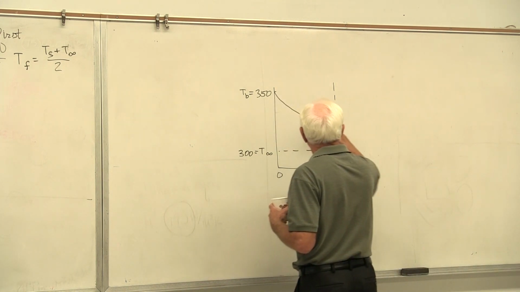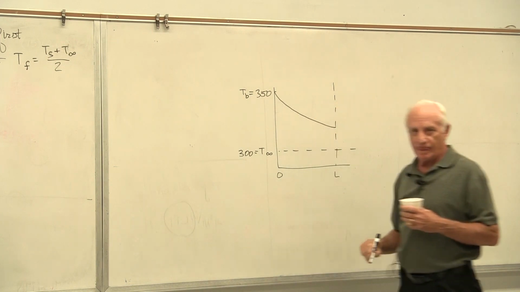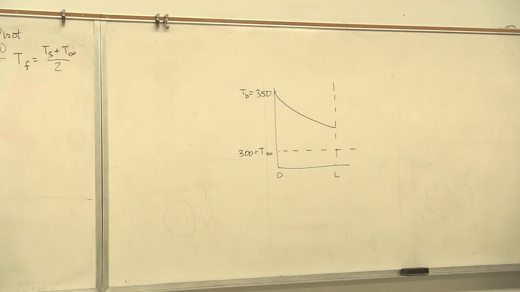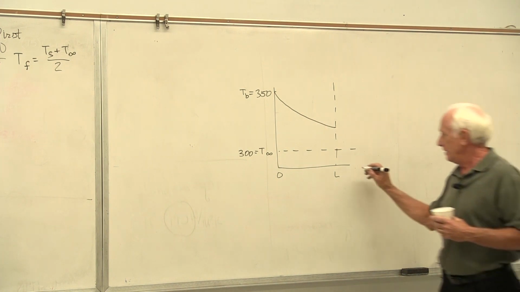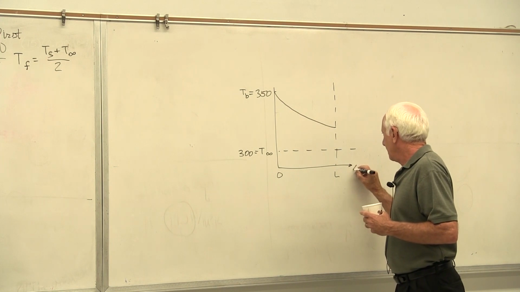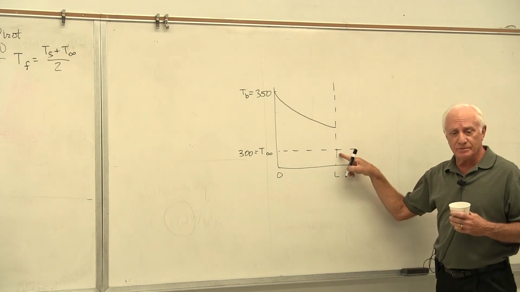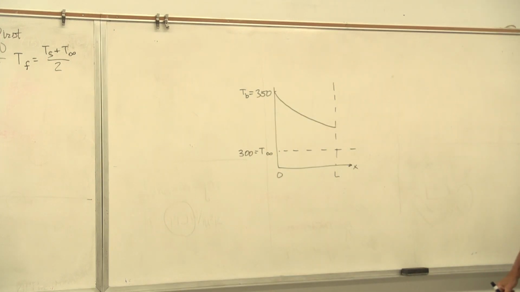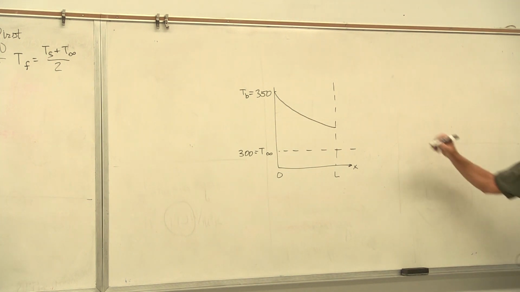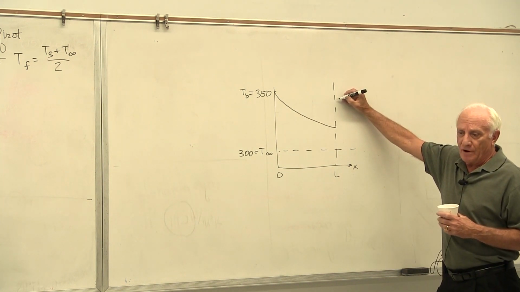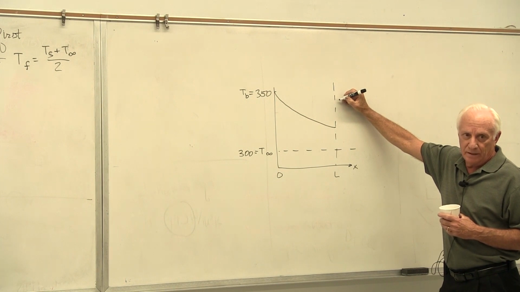It looks like this. There's a plot. Now, I don't know where that guy ends up at L. I don't know where he ends up at x equal L. Maybe he ends up down here at 300. Maybe. Or maybe he ends up here at 340. Maybe.